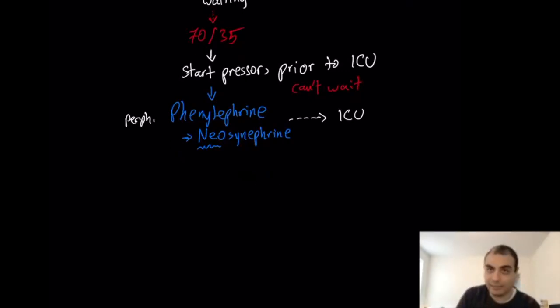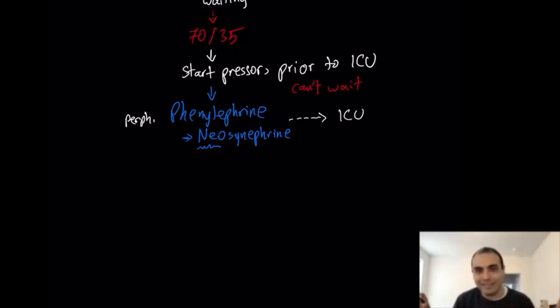When they studied it initially, when we started dealing with shock, we used to put everybody on phenylephrine. That was the pressor of choice, especially in septic shock. When you think about septic shock, it's distributive, and phenylephrine is an alpha-1 agonist, doesn't have beta-1 and beta-2, so it constricts all the blood vessels. It's perfect, right? You're counteracting the endotoxins.